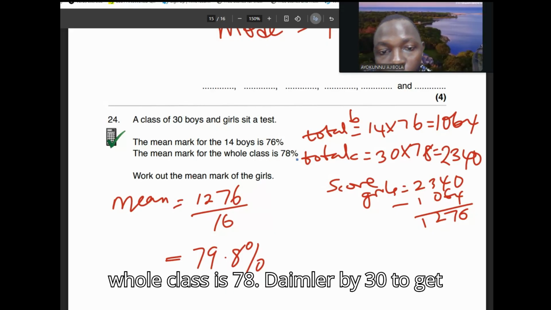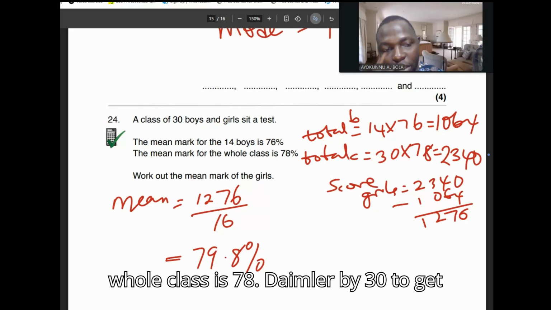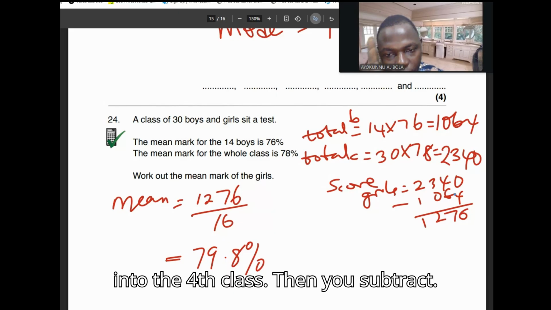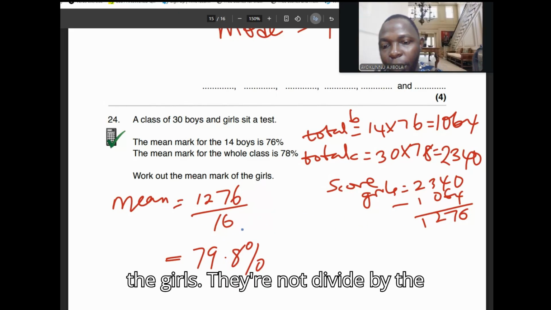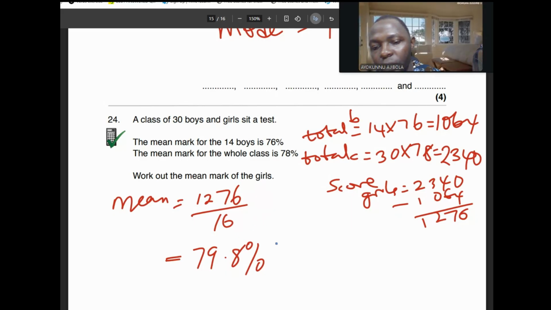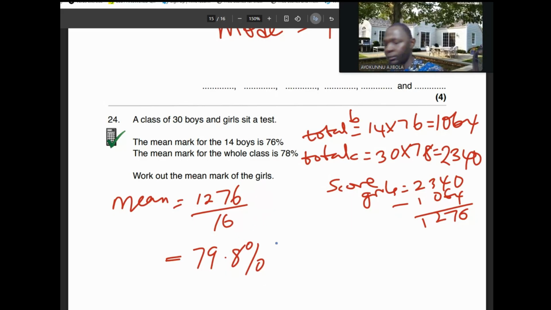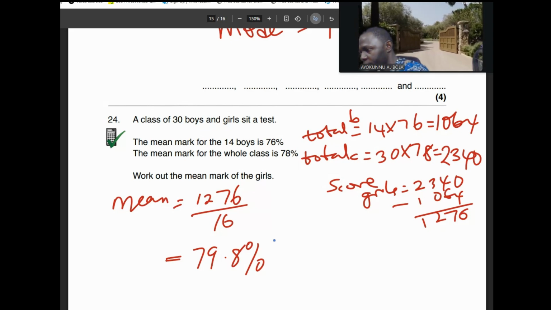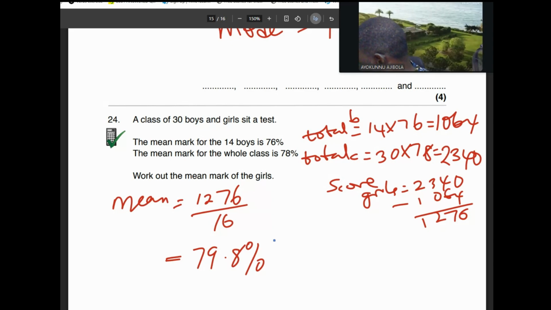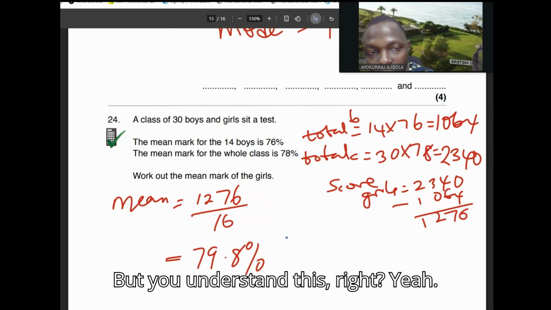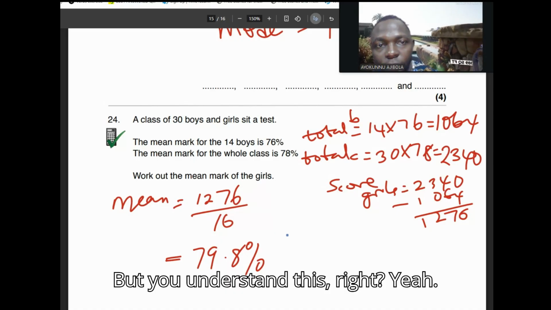The mean for the whole class is 78, then you multiply by 30 to get the total for the class. Then you subtract to get the score for the girls, then divide by the number of girls. You get 79.8. But you understand it, right? Yeah, I did.